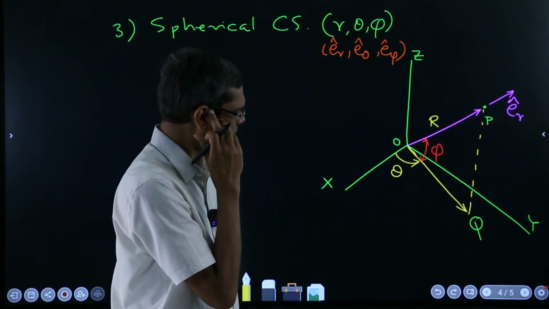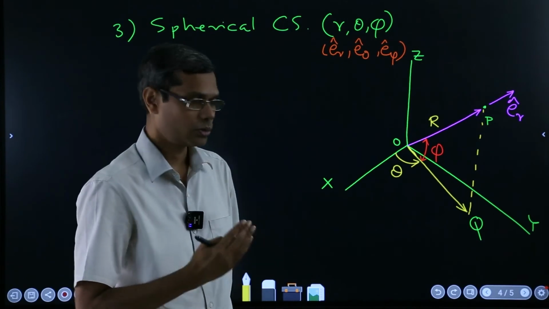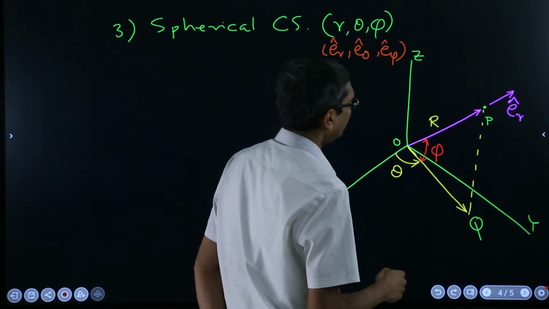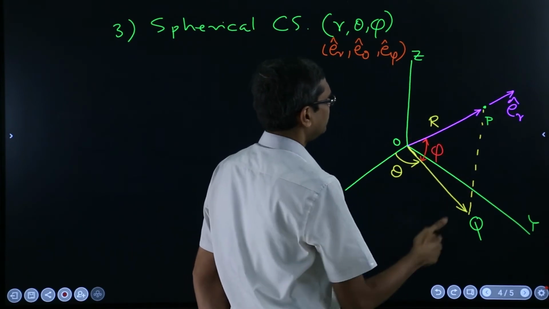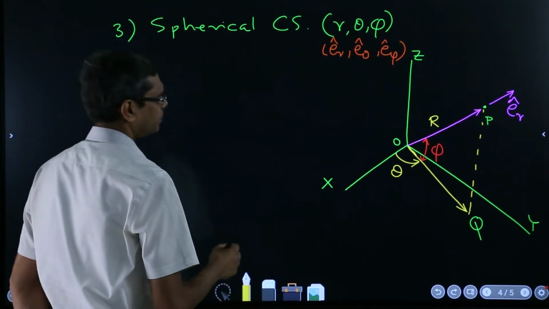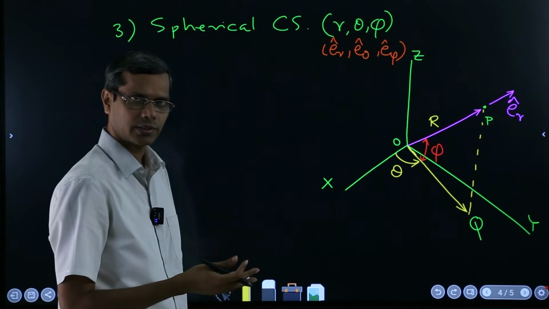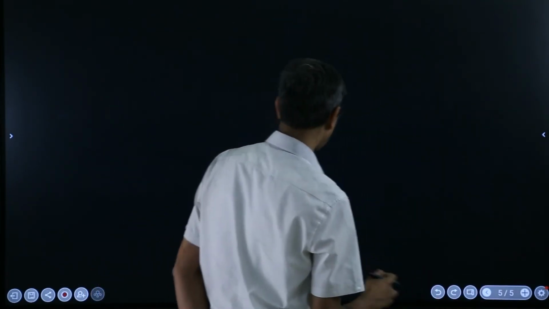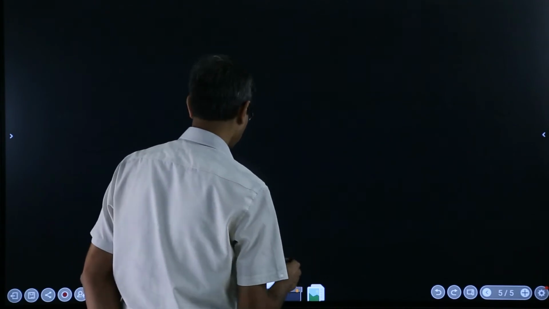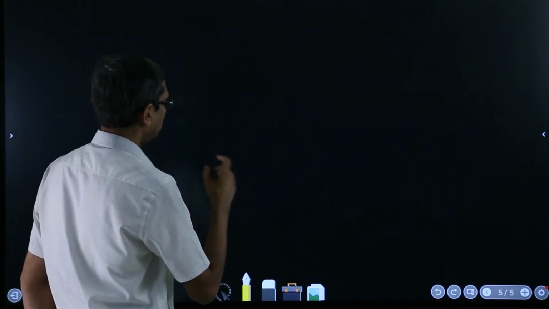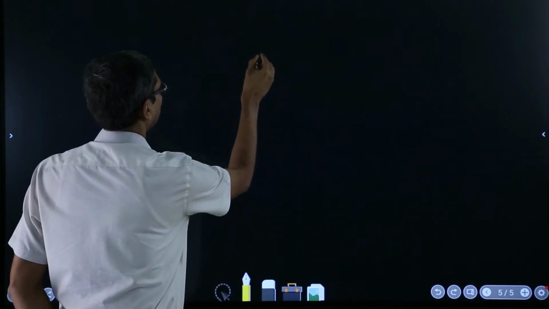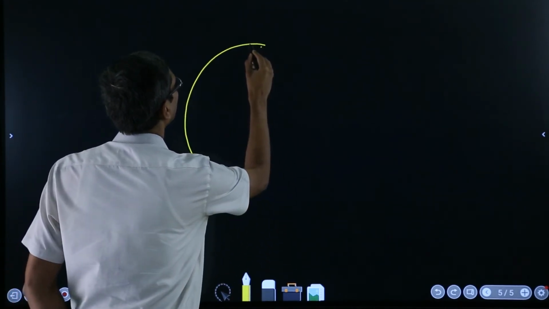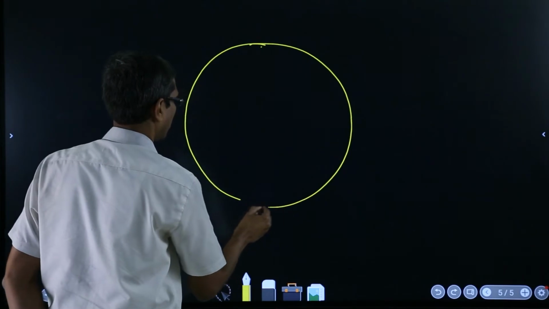Now if you think about the level surfaces again, to exactly understand what these things mean, constant R surfaces, you know, they are spheres. Let me draw that here and I will come back there, because this picture is going to be clumsy if I draw it there.